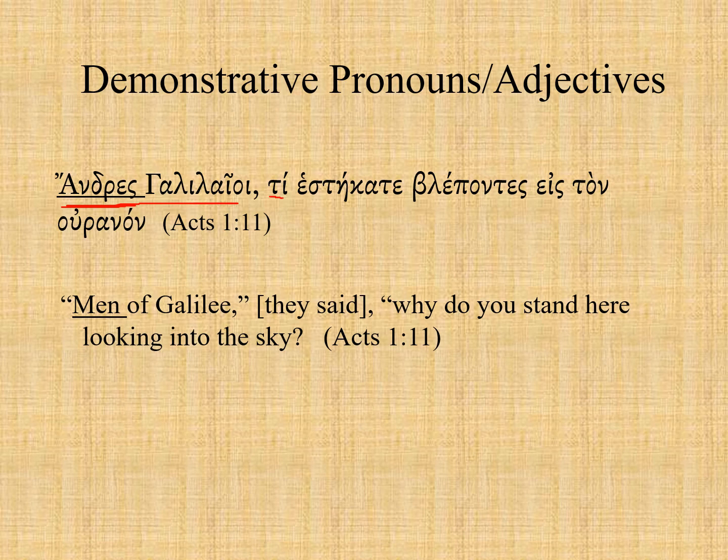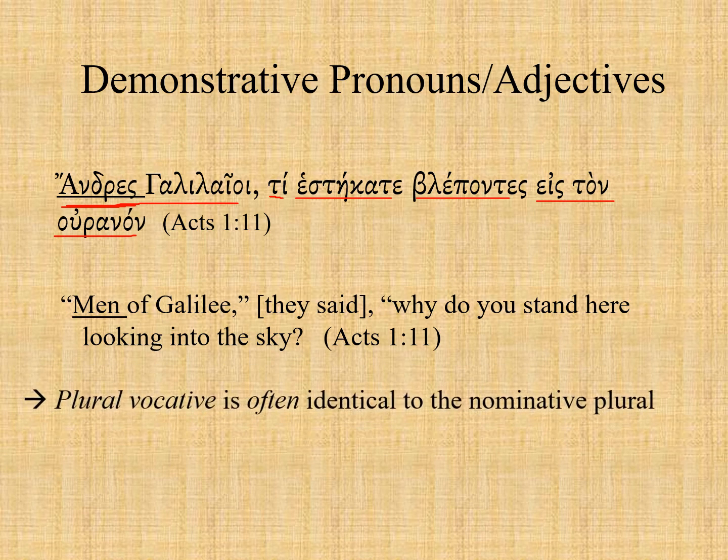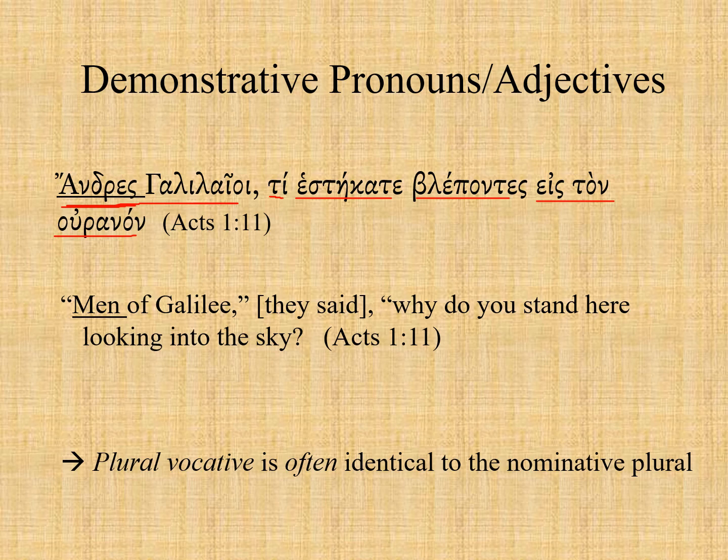So why do you stand looking eis, into the sky or the heaven? So now notice here the direct address andres is exactly alike as we would find from the aner masculine singular, and then we switch it to nominative plural, would become andres, and vocative is exactly identical.